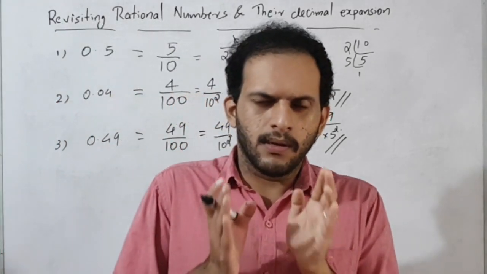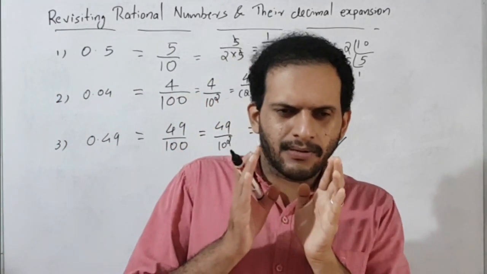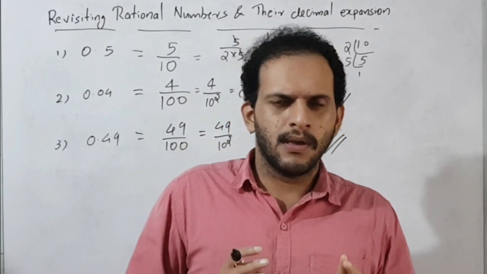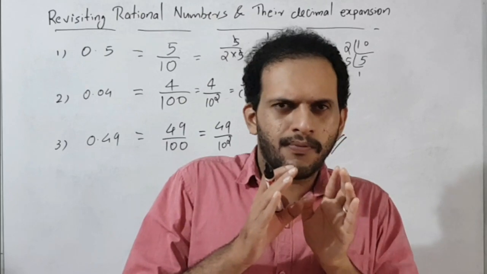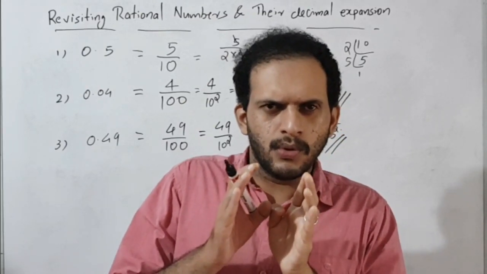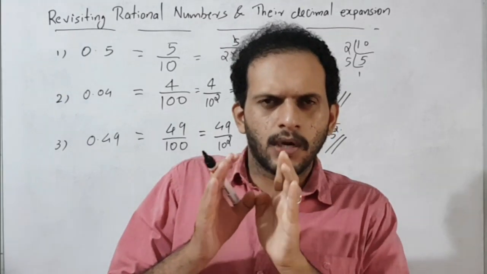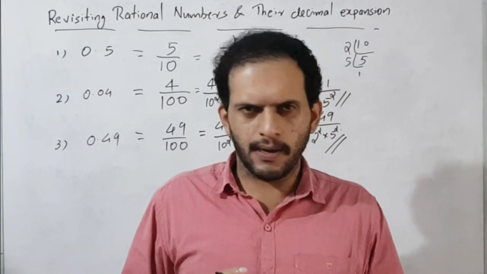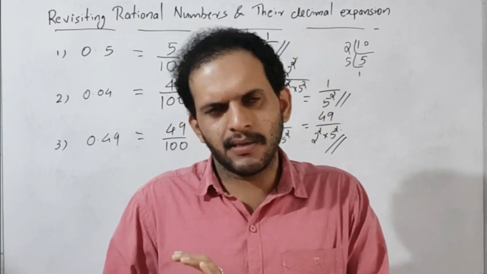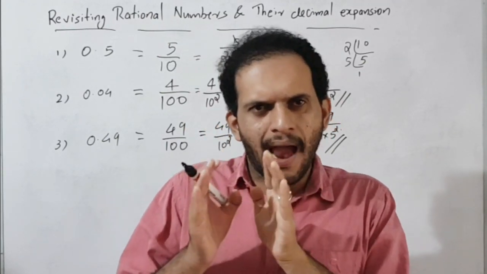Okay, is it clear? If a rational number's decimal expansion is terminating, the factorization of the denominator should be in the form of 2 or 5 or the combination of 2 and 5. Okay, so we generalize this idea like this.